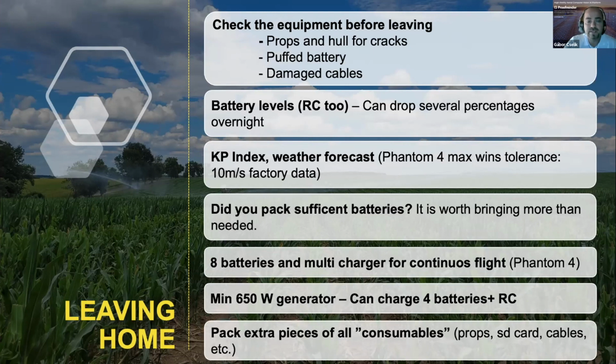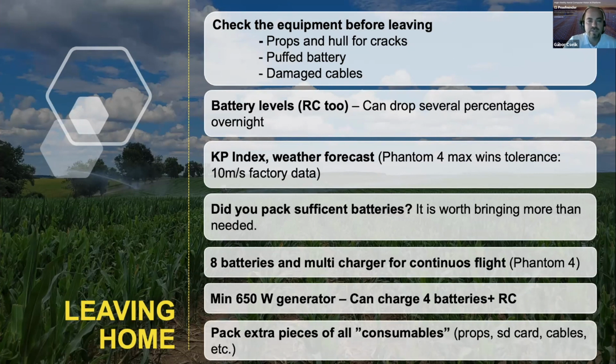Our experience is that for Phantom 4 drones, if you have 8 batteries and a multi-charger which can charge 3 batteries in parallel, that's sufficient for continuous flight for the whole day.